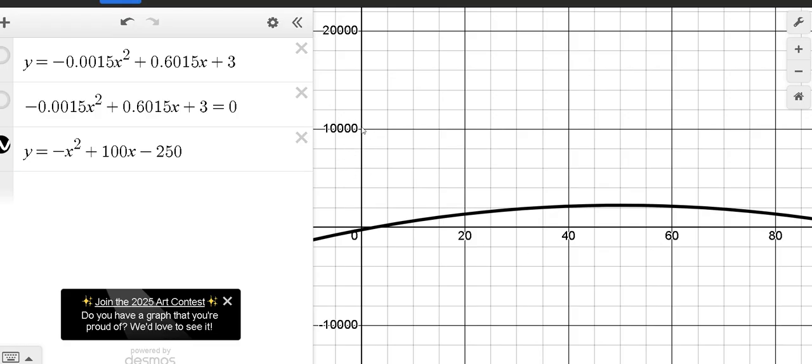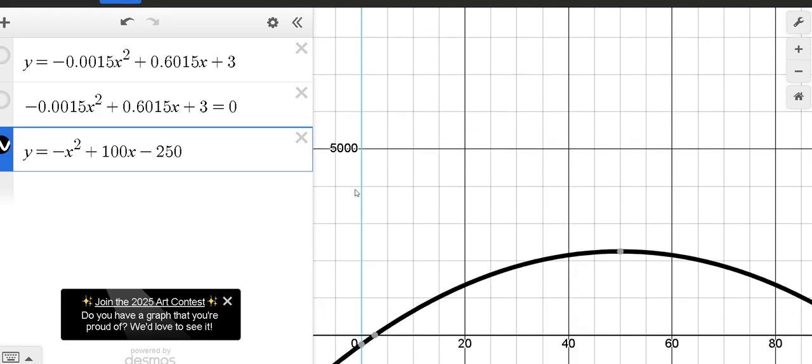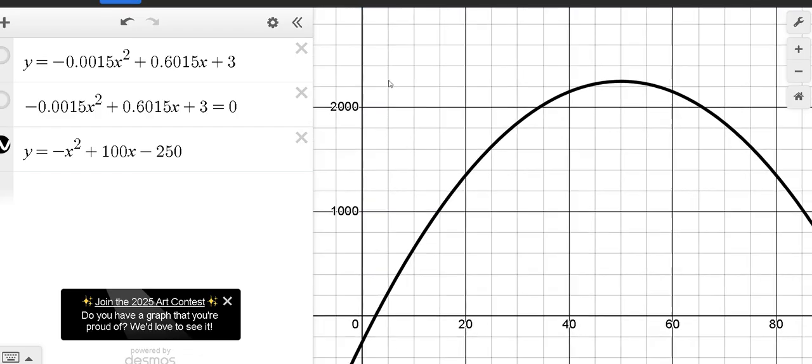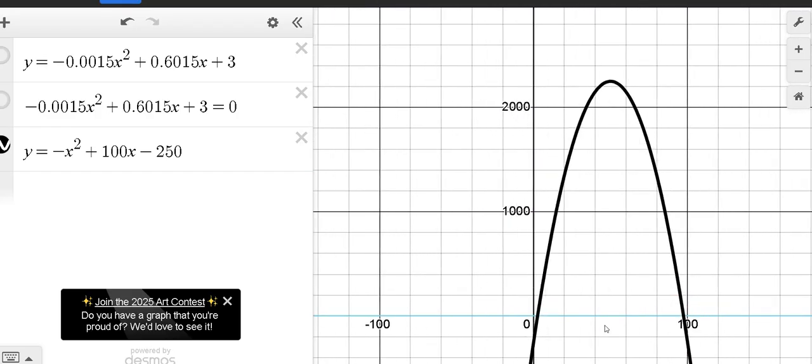Notice that here it's going up to 10,000. Well, this still only goes up to 2,250. But if I change the scale on the y-axis, I can make this graph look really, really tall. If I change this on the x-axis, again, I can make things look really very narrow. Just kind of depends on your choices there.